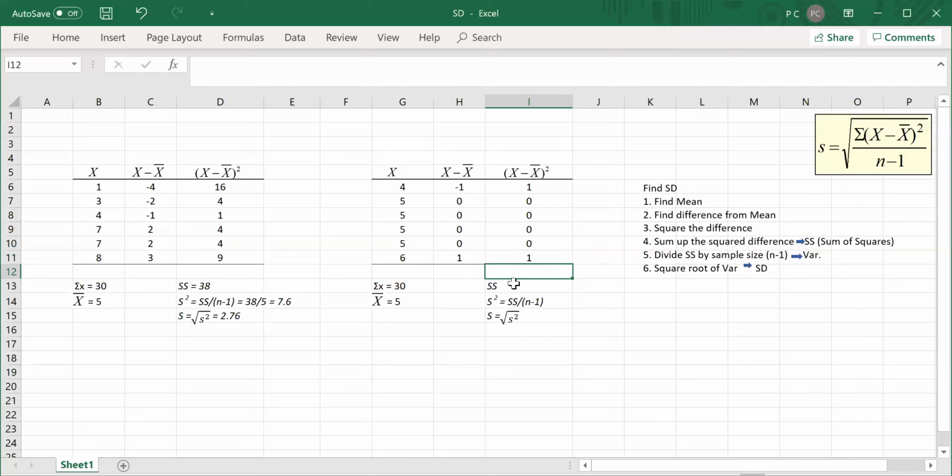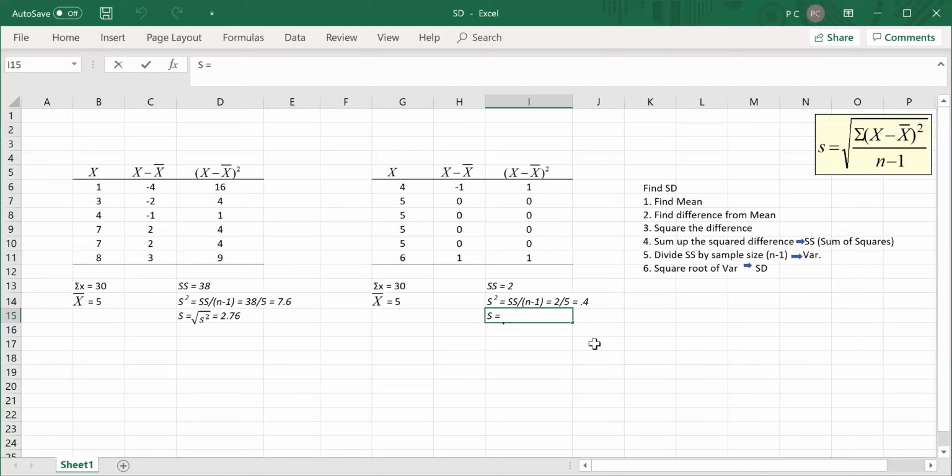So the total amount of squared difference is 2. That is the sum of squares. Compared to the first, it's much less, even though the mean is the same. The average amount of squared difference will be 2 divided by 5, so you will get 0.4, which is the variance.